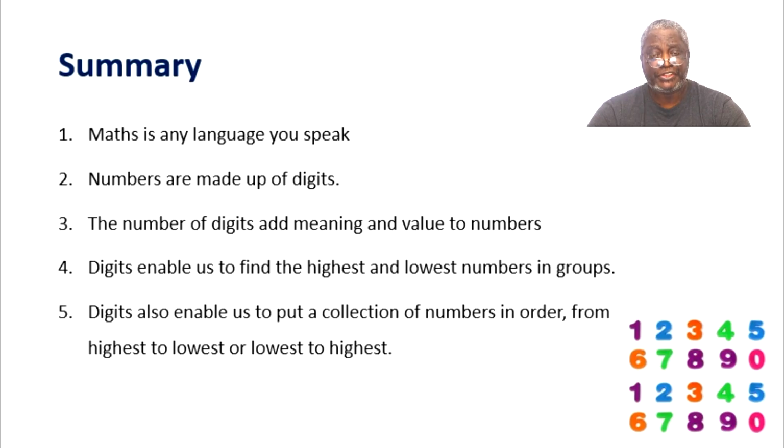Numbers are made up of digits, and the number of digits adds meaning and value to numbers. Digits enable us to find the highest and lowest numbers in groups. Digits also enable us to put a collection of numbers in order from highest to lowest, or from lowest to highest.